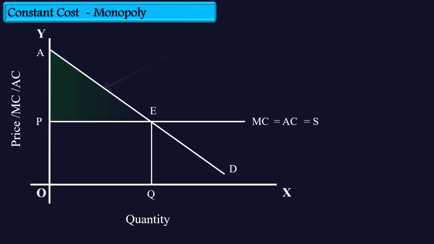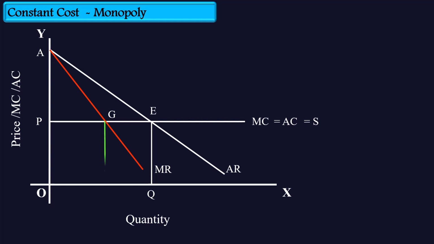Now let us assume a monopolist takes over the market. His aim is one of maximizing his total profit. Keep this in your mind. For the monopolist, the demand curve is the average revenue curve. Its corresponding marginal revenue curve is MR. Monopolist equates marginal cost with marginal revenue at point G in equilibrium.